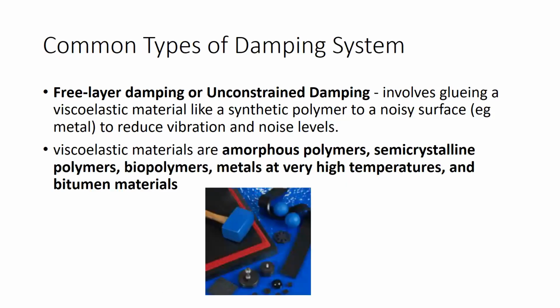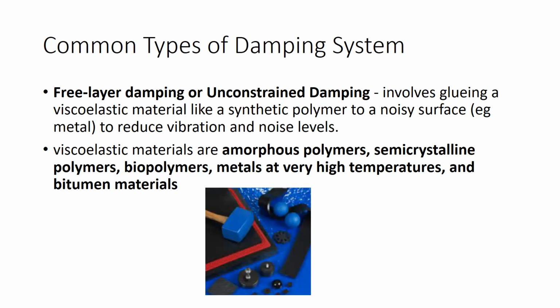There are common damping systems that exist in machines and in structural design. First is free layer damping. For free layer damping to be effective, the damping material should be between 1 or 2 to 3 times the thickness of the surface being damped, meaning the ratio must be 1 to 3 times.